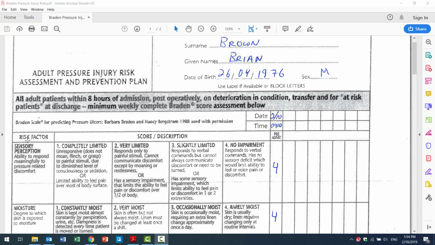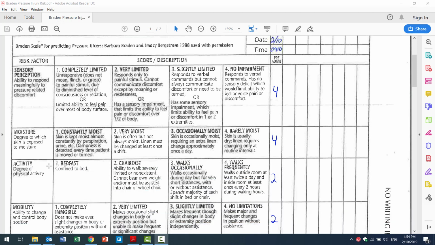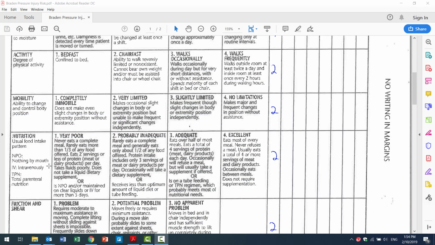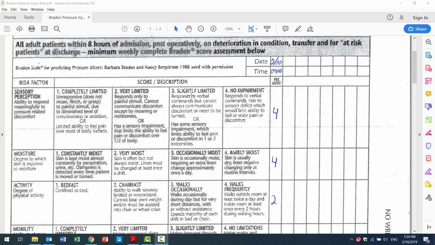So over here on the left, you can see the various risk factors: sensory perception, moisture, activity, mobility, and nutrition, as well as friction and shear. And all of those are used to calculate numbers where we determine a score at the end. So for example, with sensory perception, here the patient has been categorized as a 4, whereby they have no impairment, they respond to verbal commands, they have no sensory deficits which would limit ability to feel or voice pain or discomfort.